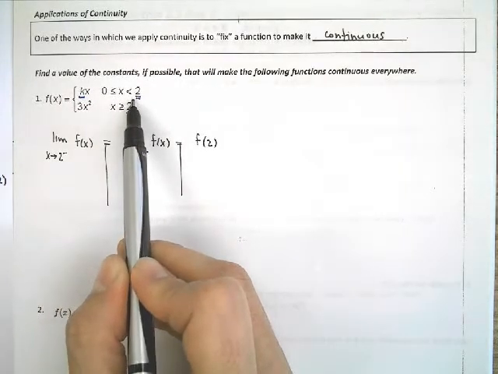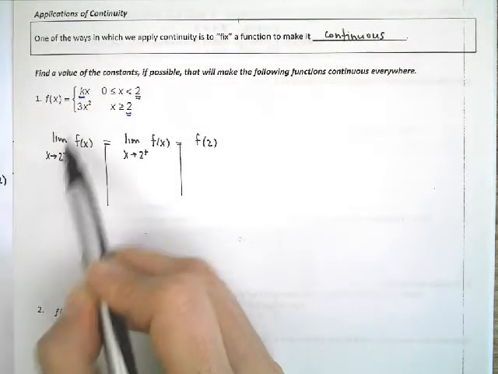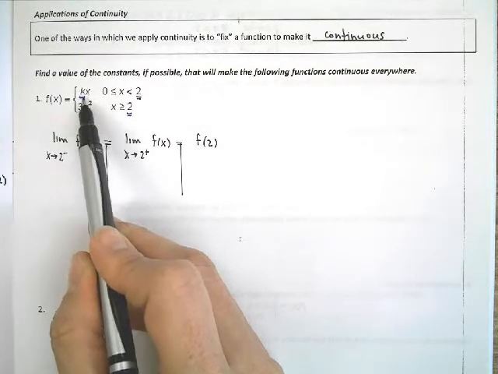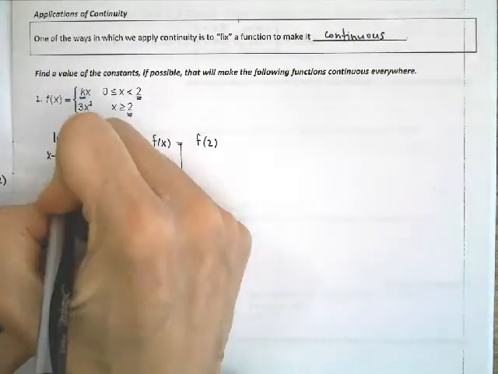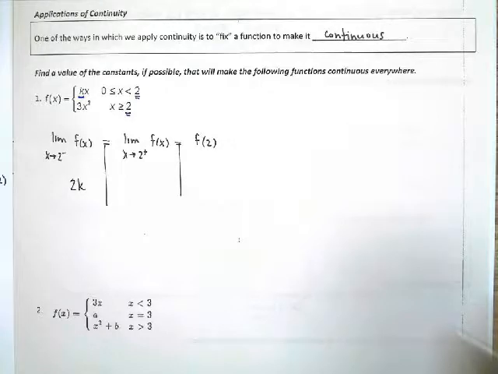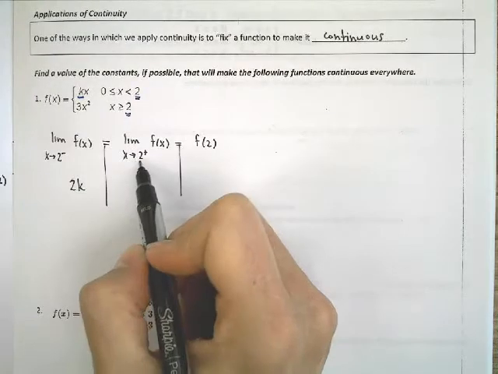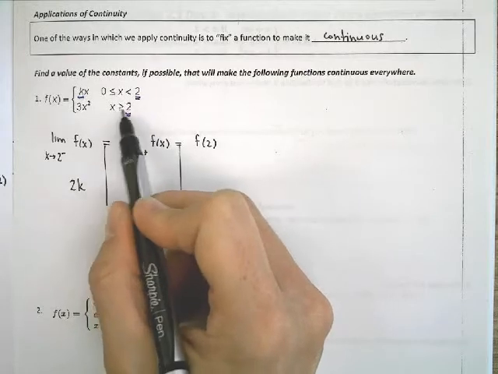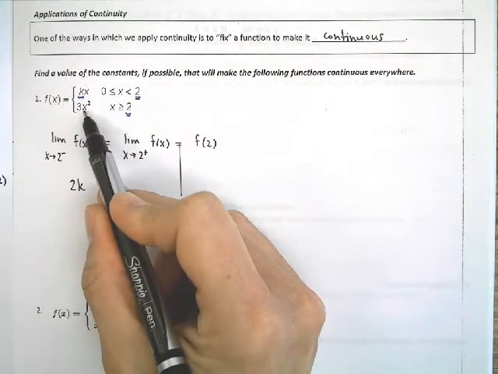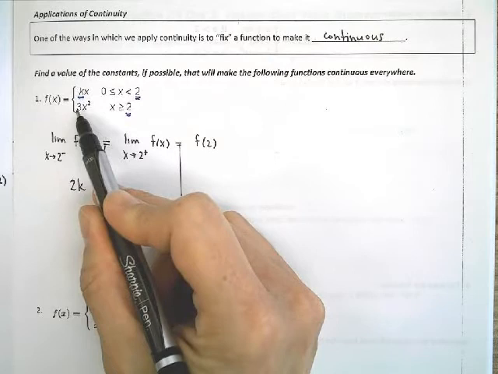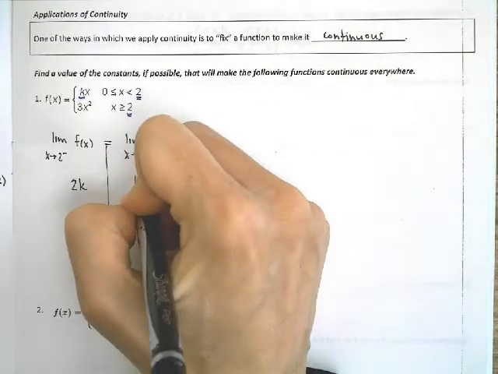So if I were going to evaluate that limit, I know I plug in 2 for x. So if I plug in 2 for x, I'm left with 2k for the value of that limit. The limit as I approach from the right is this piece. If I plug in 2 for x, I have 2 squared is 4 times 3 gives me 12.